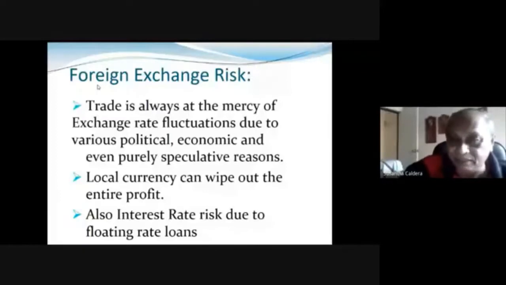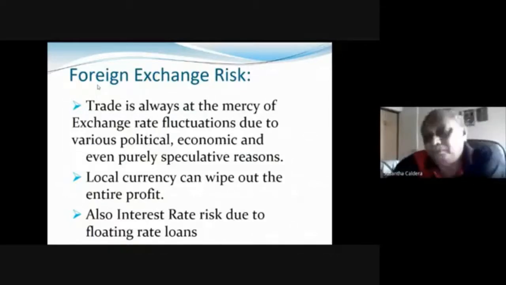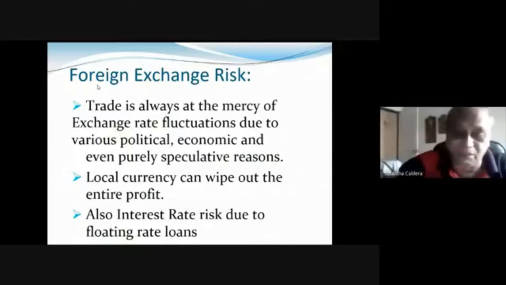So that volatility is very, very serious because you can't calculate your profits, right? All your profits can be wiped off by foreign exchange risk. Local currency can wipe out the entire profit. Also interest rate risk due to floating rate loans, right? Maybe experienced bankers can understand what I am telling.